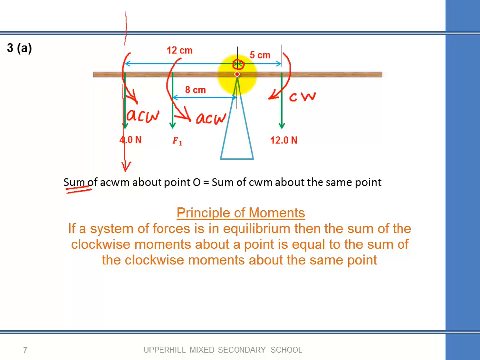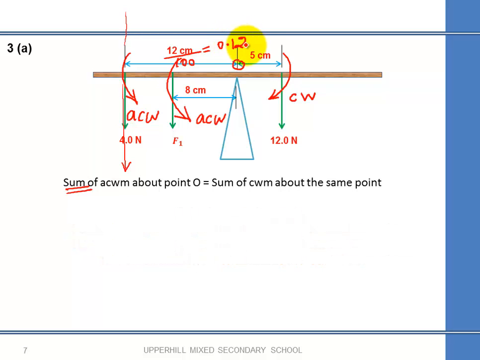The distance from point O, which makes 90 degrees with the line of action of the 4 Newton force, is 12 centimeters. If we convert 12 centimeters into meters, we get 0.12 meters. To convert centimeters into meters, we just divide by 100.